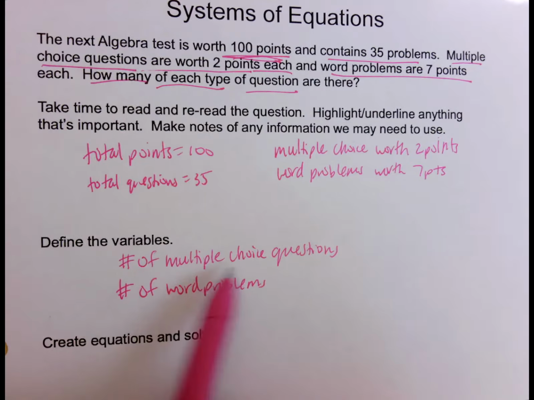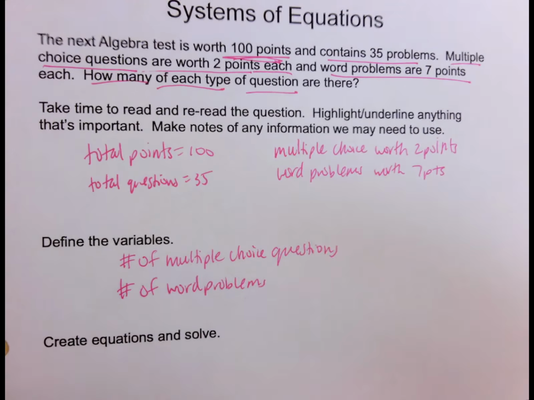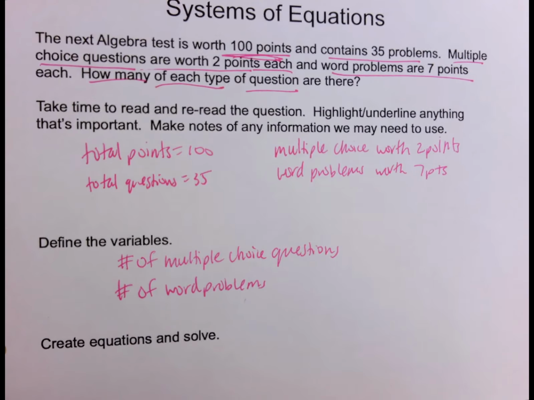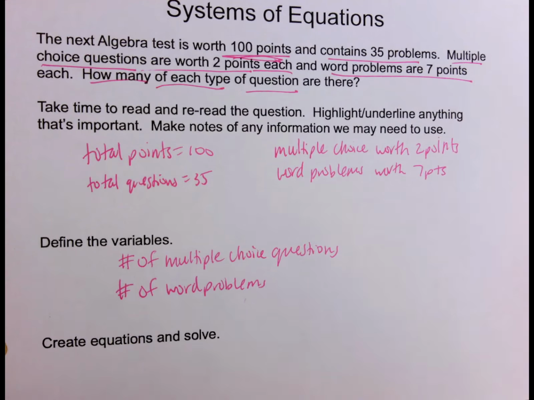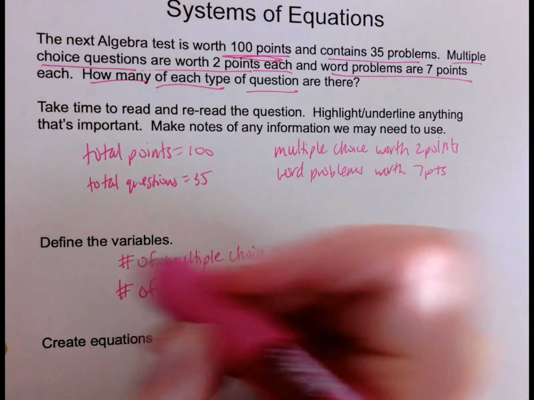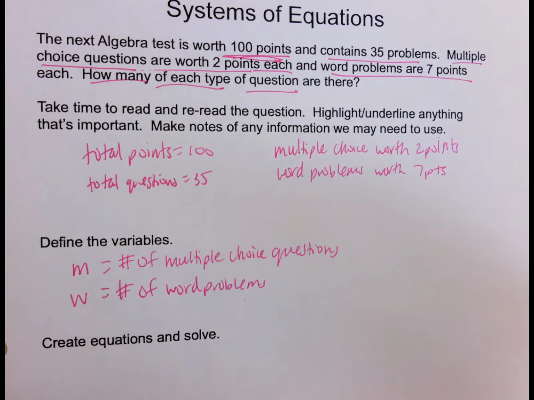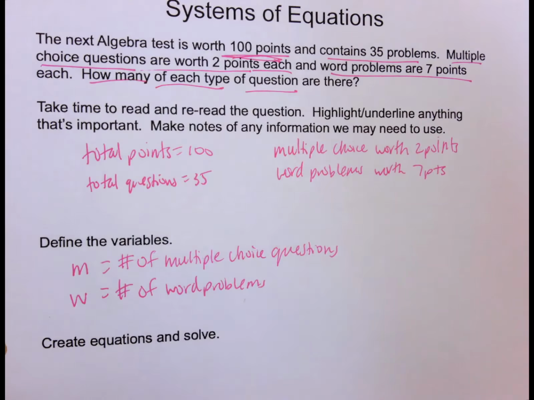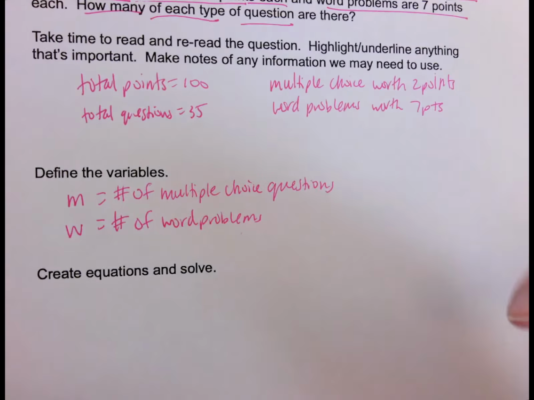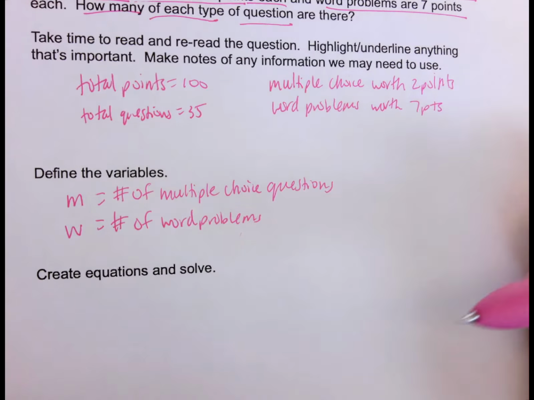So the number of multiple choice and the number of word problems. So we're going to use two separate variables for this. You can use X and Y, you could use P and Z, you can use whatever you want. I'm actually going to use M for multiple choice, and I'm going to use W for word problems. Might as well just make it cohesive. So that's the first step. We know that we're going to be talking about these two variables.